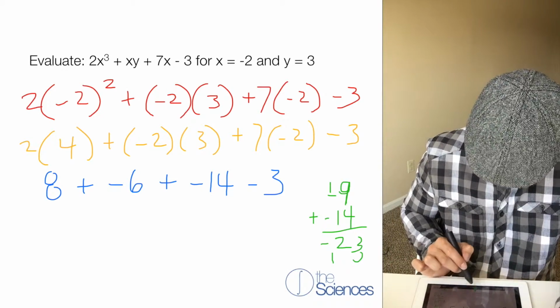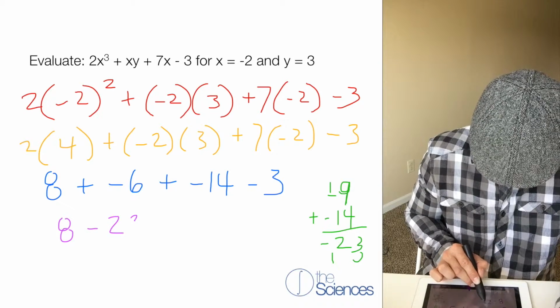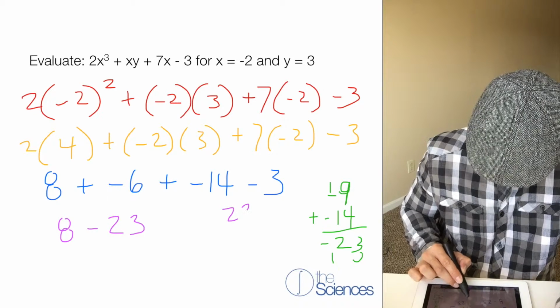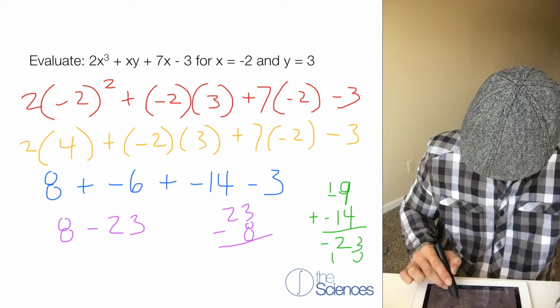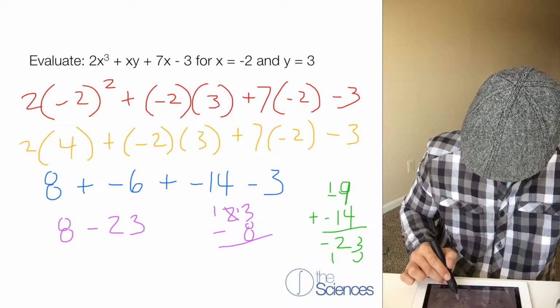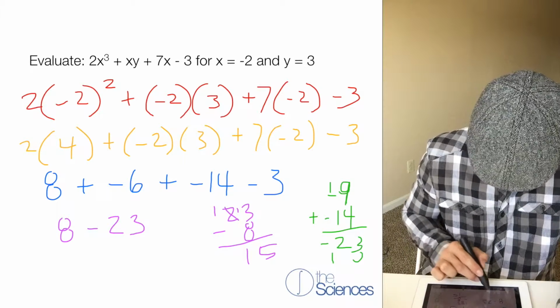So now we have 8 minus 23, which is negative 15.